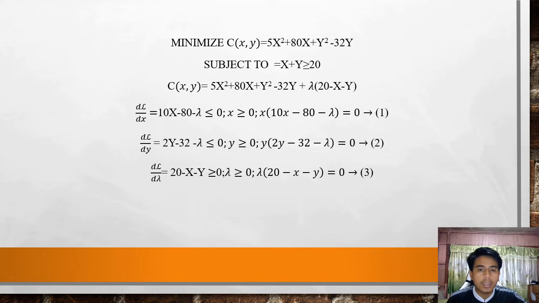Next, with respect to lambda, we get 20 minus x minus y equals 0. We must differentiate this function to get the Kuhn-Tucker conditions.